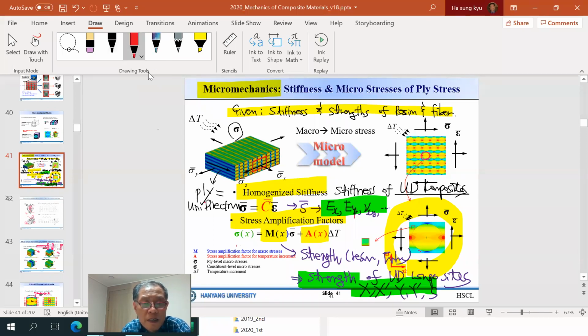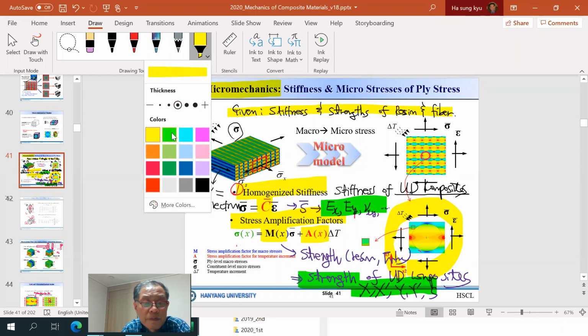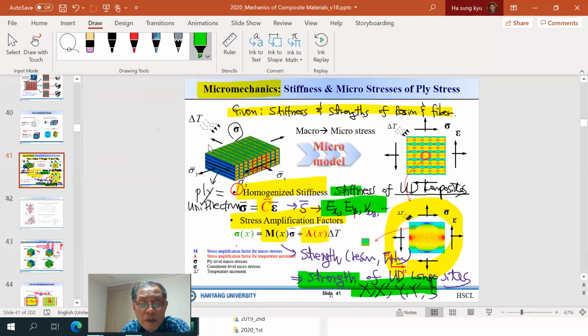So please remember the role of the micromechanics. The first purpose is to calculate the homogenized material property, or ply level stiffness of a unidirectional composite. That's one purpose, and the second purpose is to calculate the stress amplification factors.